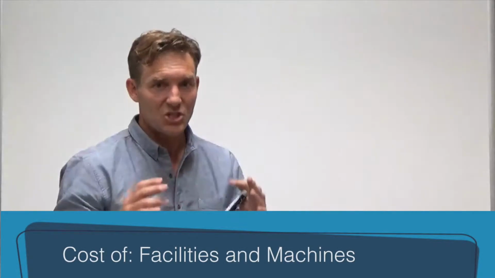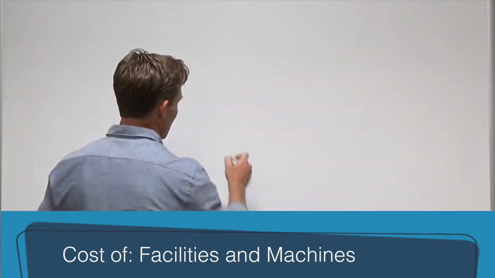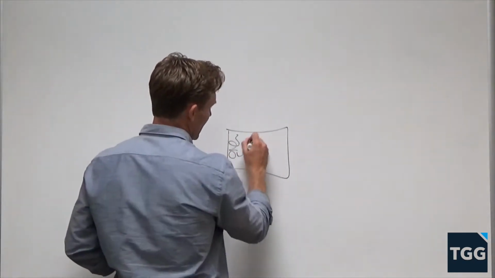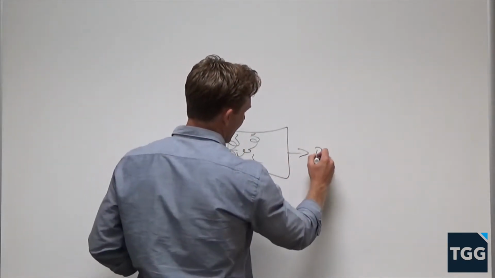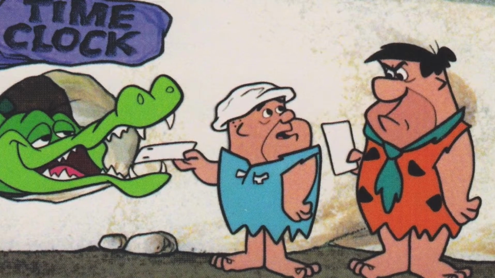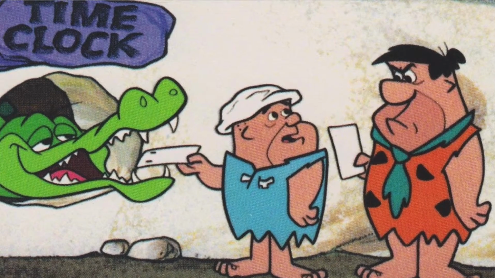So in a manufacturing firm, what you've got to spend a lot of money on is your facilities and your machines. So if you've got a machine sitting here, working, chugging away, and producing product out the back end, that's fabulous. But what happens with the workers? Well, the workers only work from 9 to 5 or 8 to 6 or something like this.